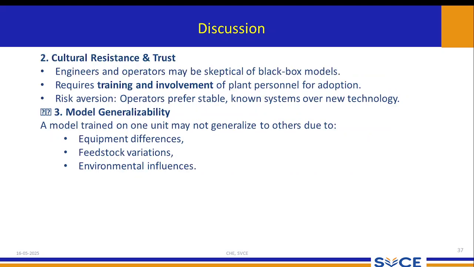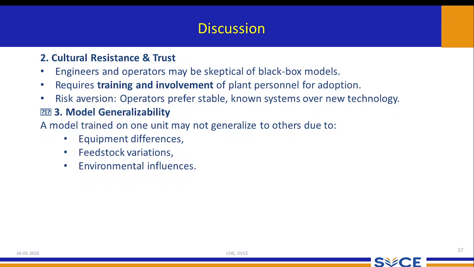Risk aversion. Operators prefer stable, known systems over new technology. Most of the time, even in industry, they don't replace the old system with a new one. You can see that everywhere in India, but in the Western countries it is not so. In Western countries they always prefer advanced techniques because they have a lot of money to replace things and advance.